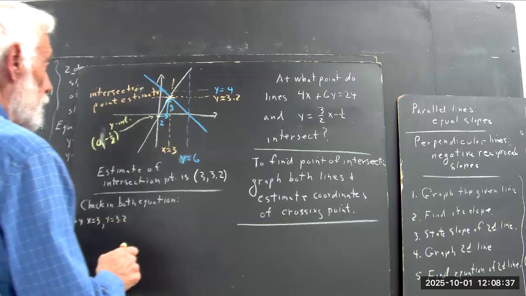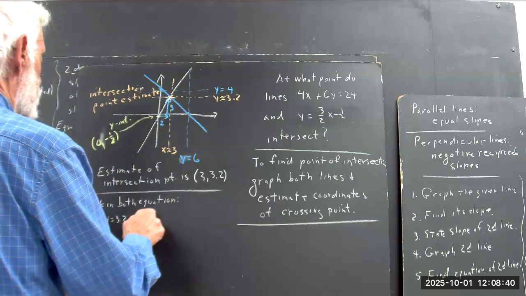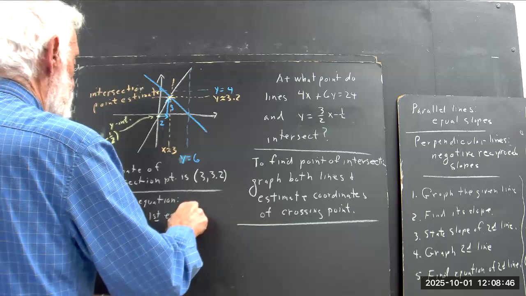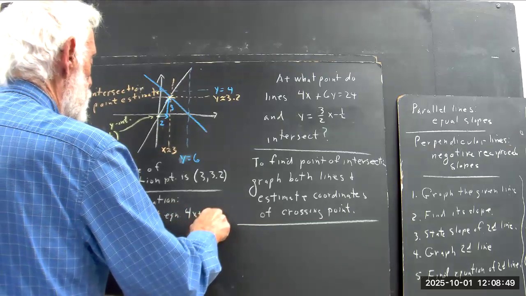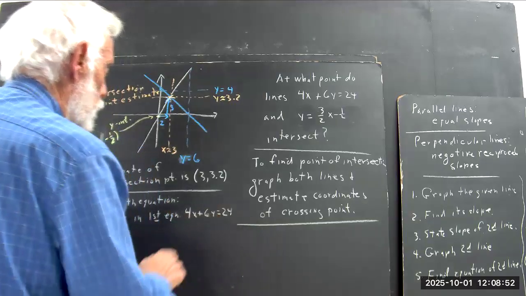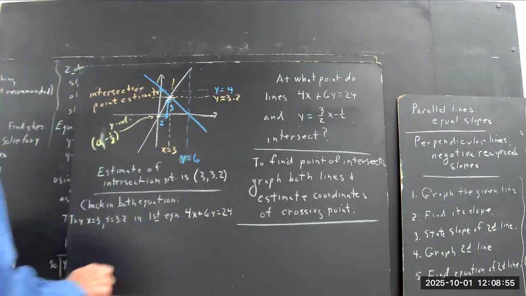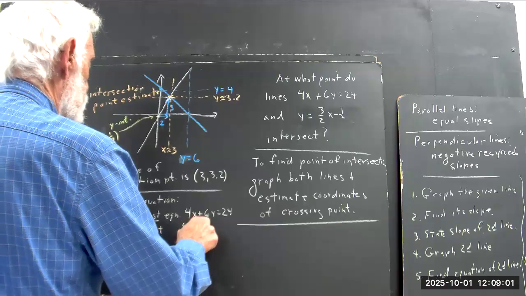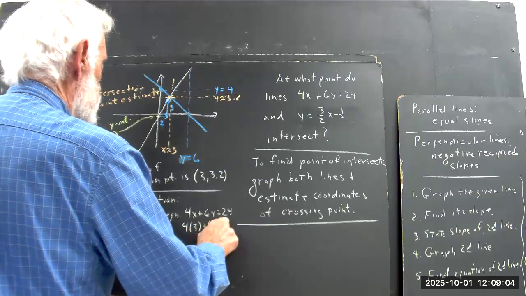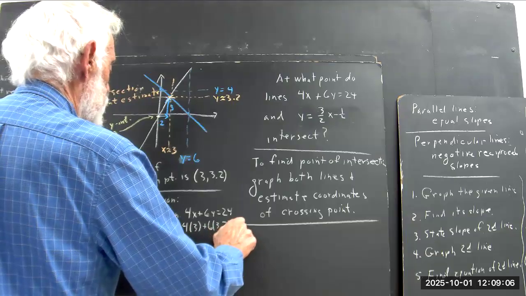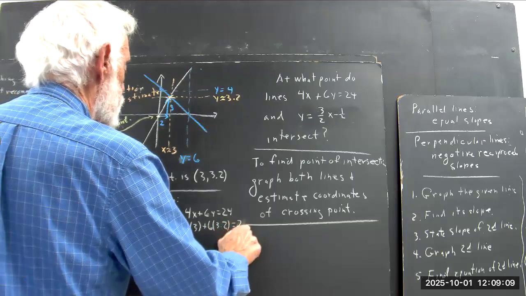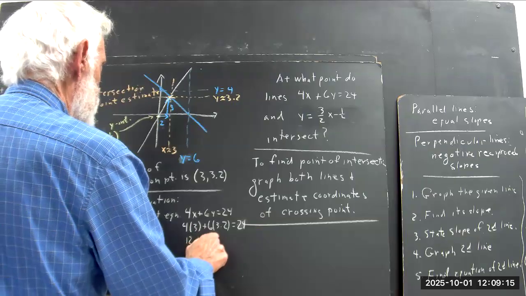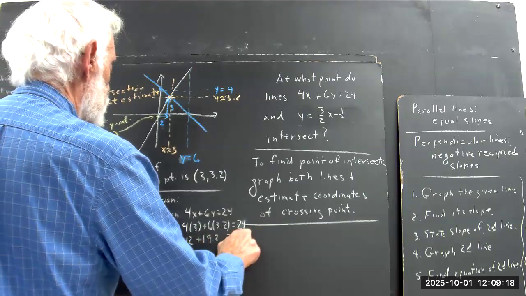X equals 3, y equals 3.2. In the first equation, 4x plus 6y equals 24, we get 4 times 3 plus 6 times 3.2 equals 24. Well, that's 12 plus 19.2 equals 24.